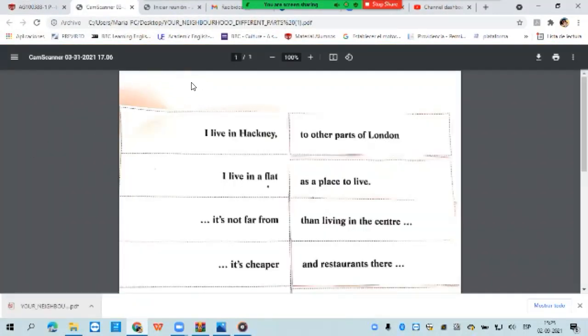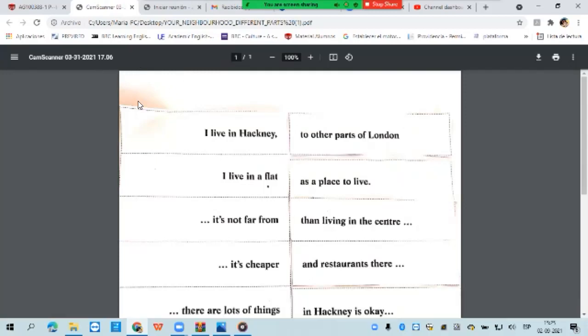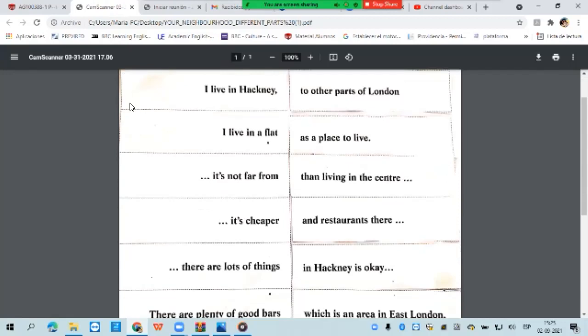Here you have two different columns. The idea is to match the two parts so that they make sense according to what you understood from the tape. You have to match the two parts because you have 50% of the sentence and the other half is here. So you have to join the two parts. Okay. Some seconds for you to do that.